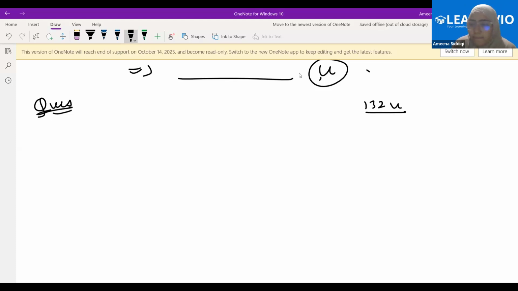Ma'am, can you say the element again? I mean the ions participating in this. Ammonium sulfate.